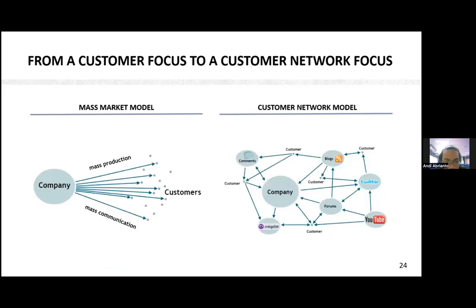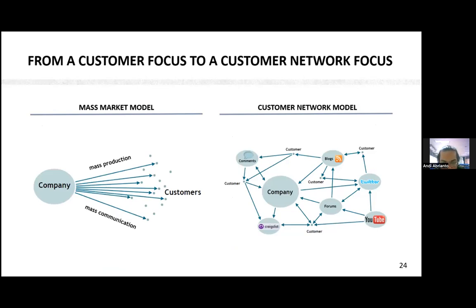Okay, the mass market model on the left side figure, representing customer focus, demonstrates how company and customer interact, where customers are merely acting as receivers of information from the company, or as I explained in the previous slide, customers remain passive actors.